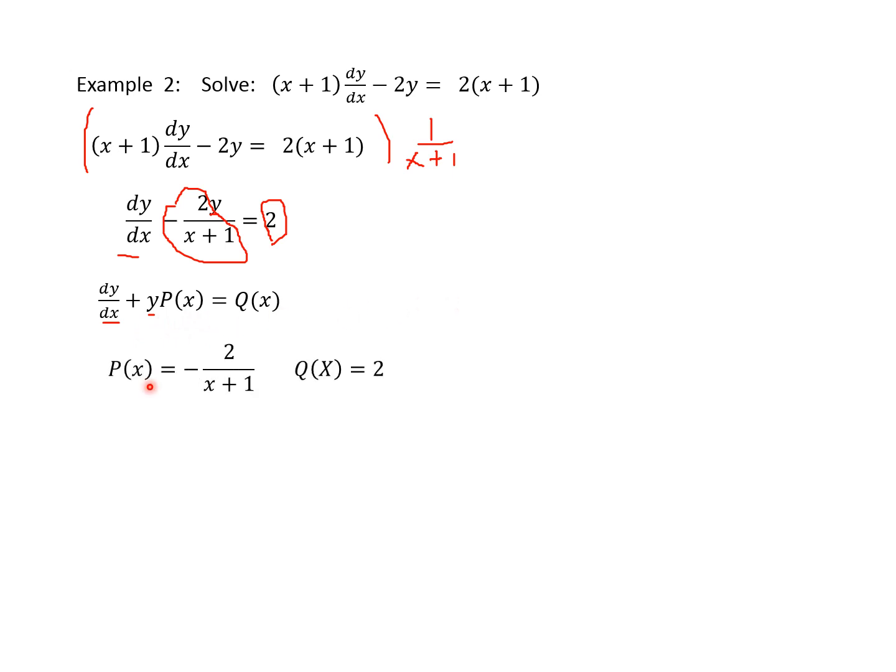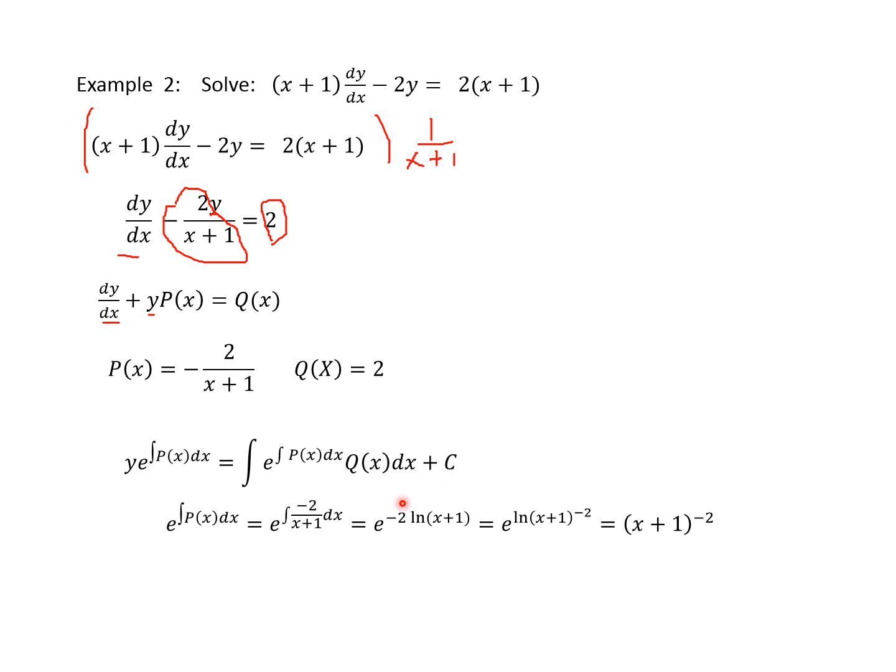Therefore, our P(x) is −2/(x + 1), and our Q(x) is 2. Our solution is, remember, you have to memorize this: y times the integrating factor equals the integral of the integrating factor times Q(x) dx.